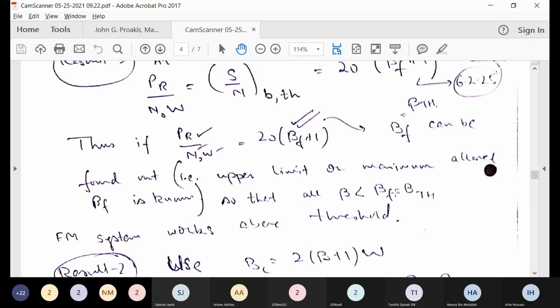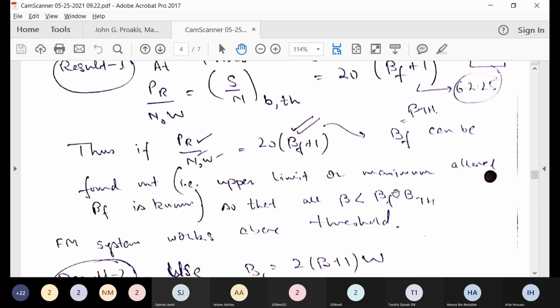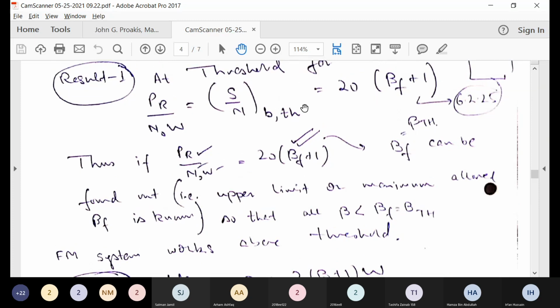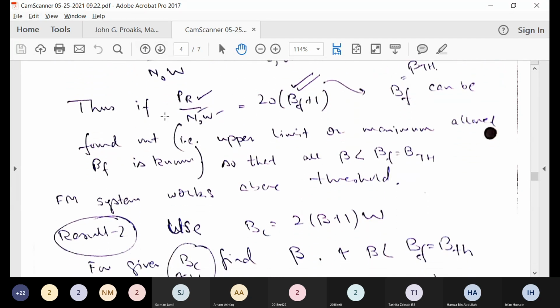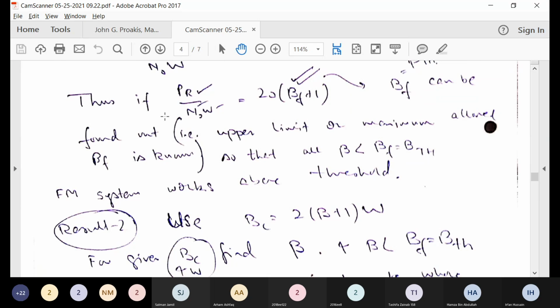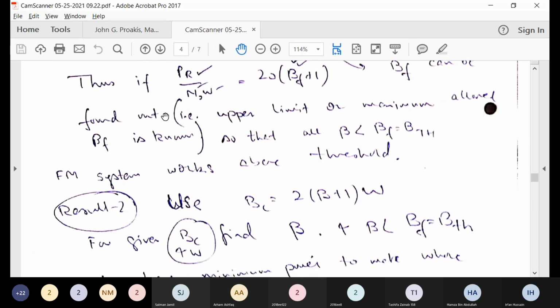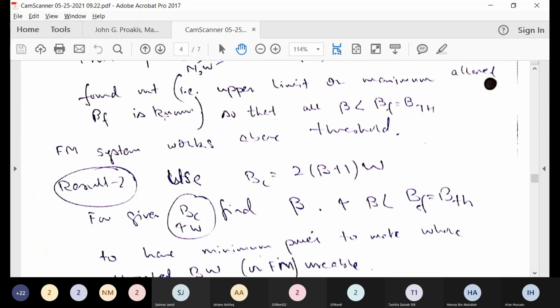If my beta is less than this allowed value, then this threshold will be less than the received signal to noise ratio. Hence you will be working with a high signal to noise ratio, and with the appropriate assumption that signal and noise are added in an additive fashion at the output of the demodulator.